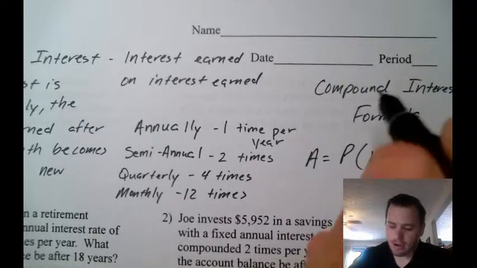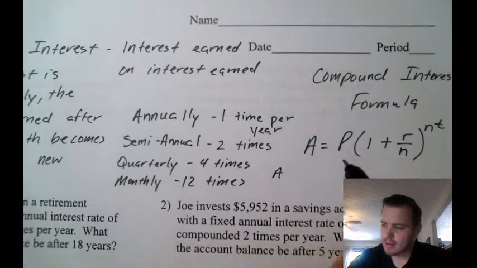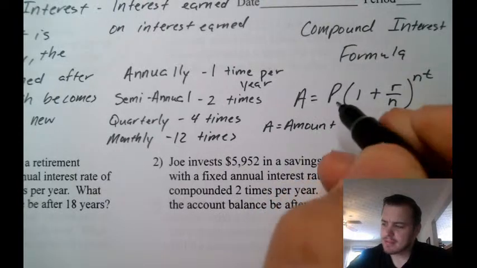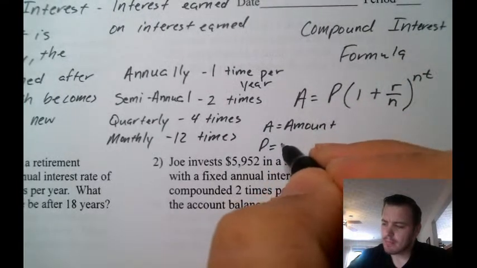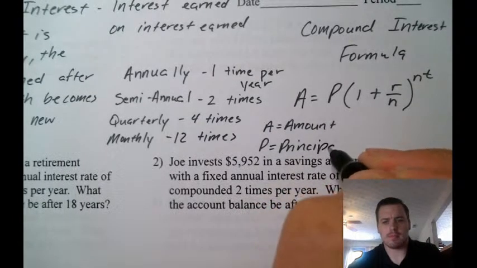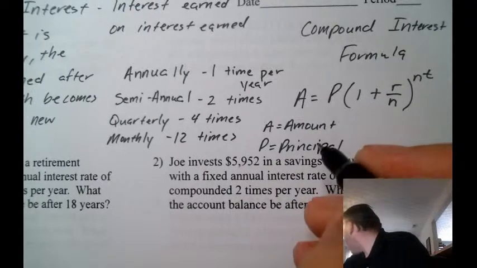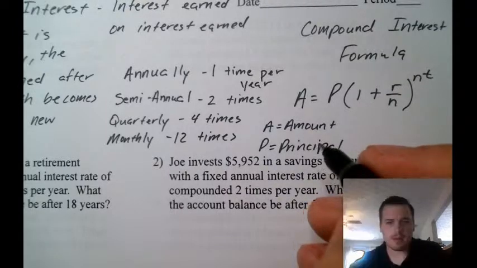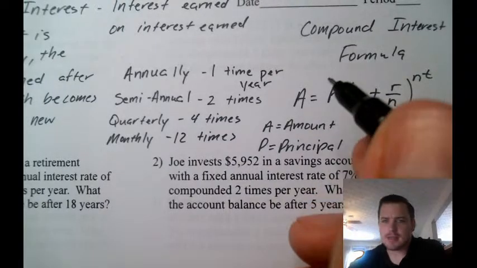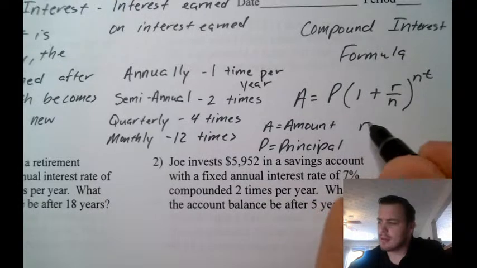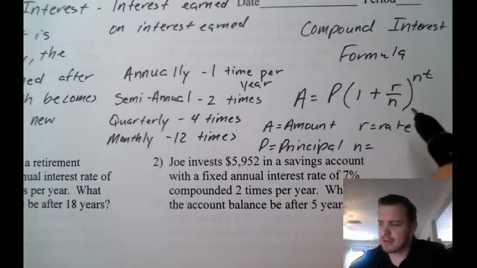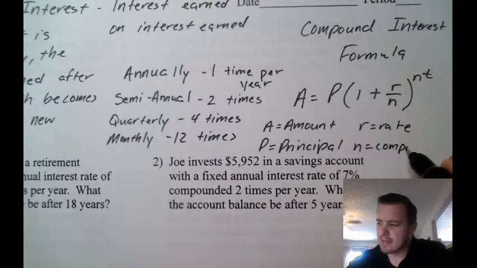Where A is the amount, P is the principal, R is the rate, N is the compounds, how many times it's compounded, and T is time in years.